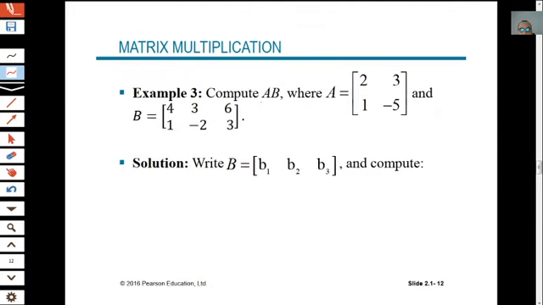For example, compute the product of the matrices A and B, where A is a 2 by 2 matrix and B is a 2 by 3 matrix. So the number of columns of the matrix A is equal to the number of rows of the matrix B. Therefore, we can define A times B, the multiplication of them.